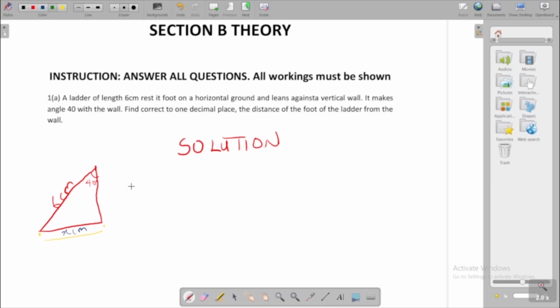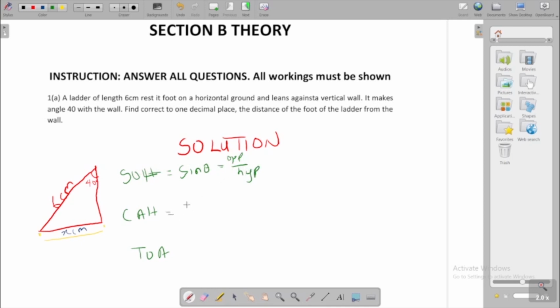So if you look at it from our knowledge of SOHCAHTOA, let's write it out. S stands for sine theta, which is opposite over hypotenuse.